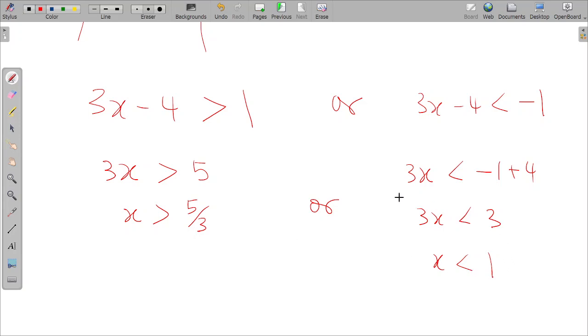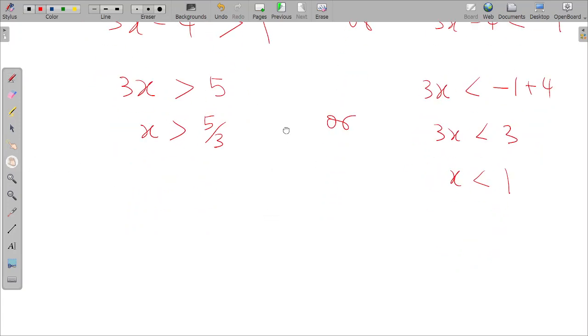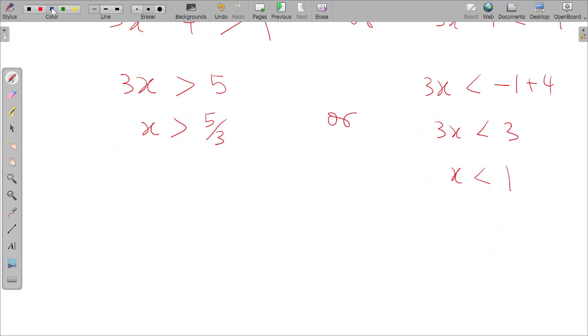Is that okay? If you want to draw a number line on this one, if this is 1, then 5 over 3 is 1 point something, which is greater than 1. So we have x less than 1, and there is no equal sign there.